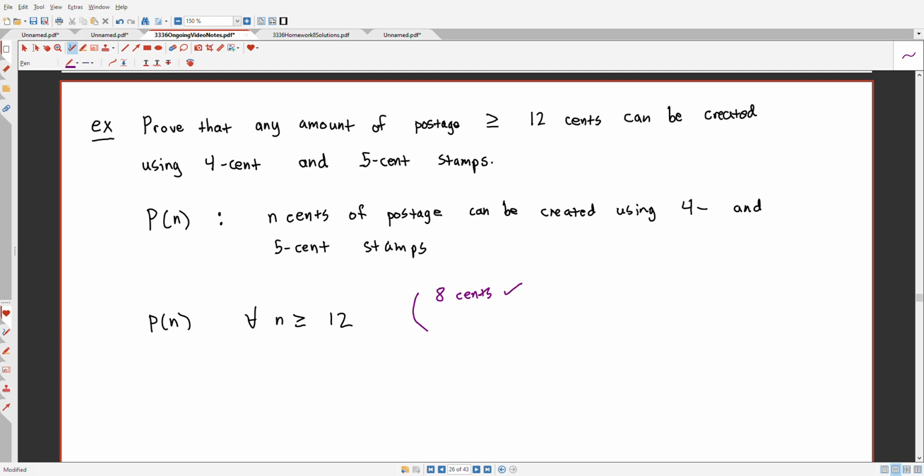You can get 9 cents of postage by using 1 4-cent and 1 5-cent. You can get 10 cents of postage by using 2 5-cent stamps. And now the question is, can you get 11 cents? I think I'll let you guys think about 11. Okay, but the claim is, well, don't worry about 11. At 12 and beyond, you can get this.